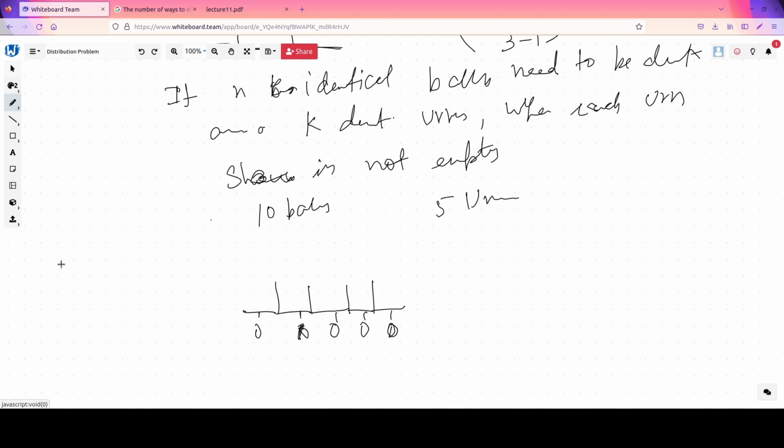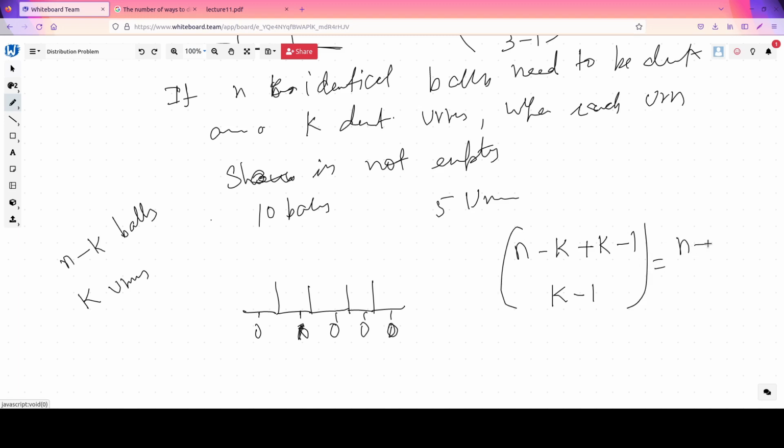So we are left with n minus k balls, which need to be distributed into k urns, right? K urns, and there is no restriction now, right? So it can be done via n minus k plus k minus 1 C k minus 1, right? So this is nothing but n minus 1 C k minus 1 combinations, right?